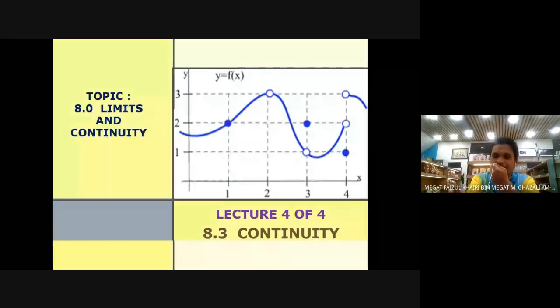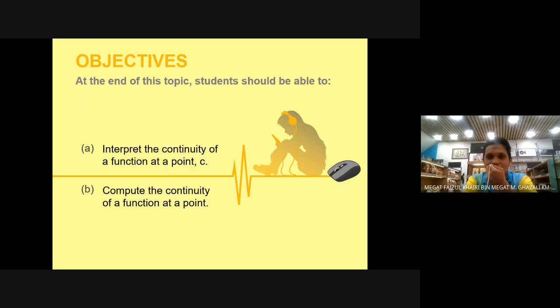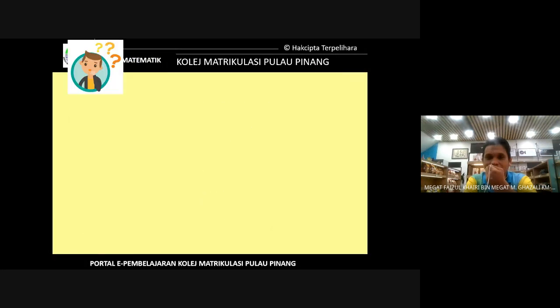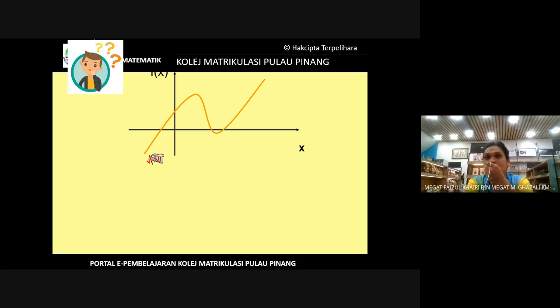So now, at the end of this topic, students should be able to interpret the continuity at a point c, and compute the continuity of a function at a point. So class, continuity in Malay is keselanjaran.